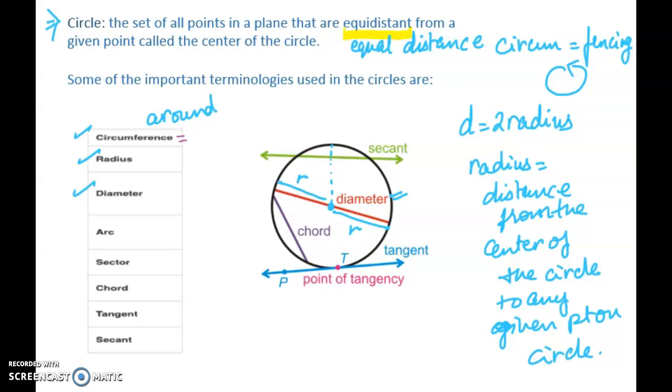In terms of formulas, it is 2 pi r, and r is nothing but the radius. So in a brief way, I can say circumference is pi d. D is the diameter.